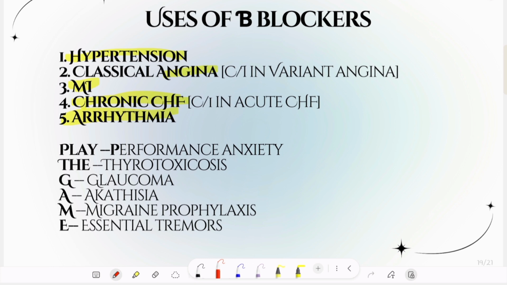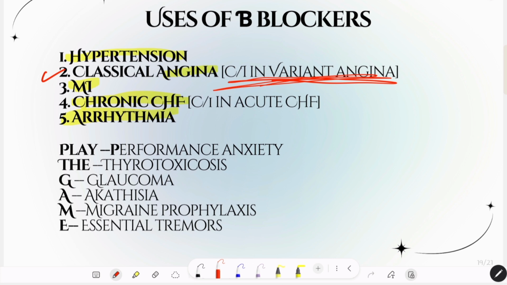such as we can use beta blocker in classical angina, but in variant angina, it is contraindicated. As we know that in variant angina, the angina occurs due to vasospasm, and if we block beta receptors, it will provoke the vasospasm more. So we will not use beta blocker in variant angina. We will use it only in classical angina.